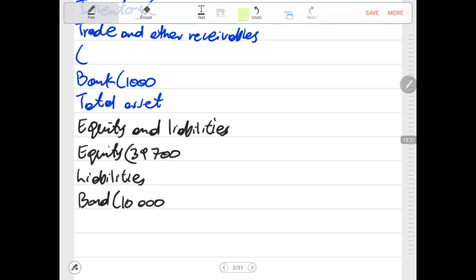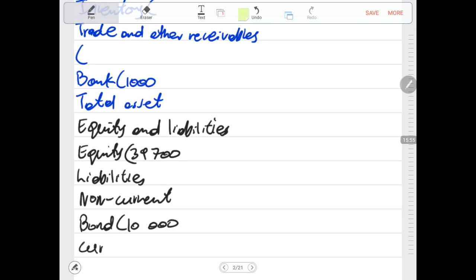The reason I'm recording this bond here is because part of this bond might be non-current. Let me write non-current, I forgot to write that. Under non-current we have a bond, and under this bond we write 10,000 rands.